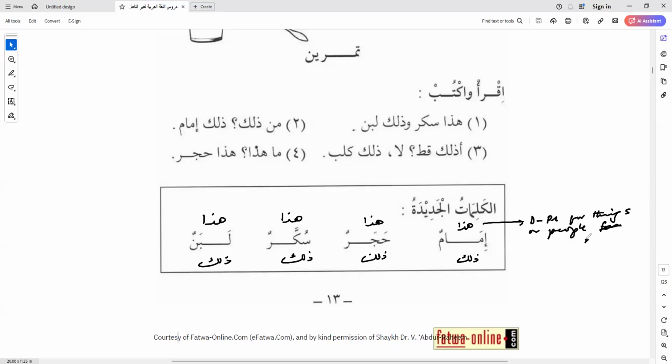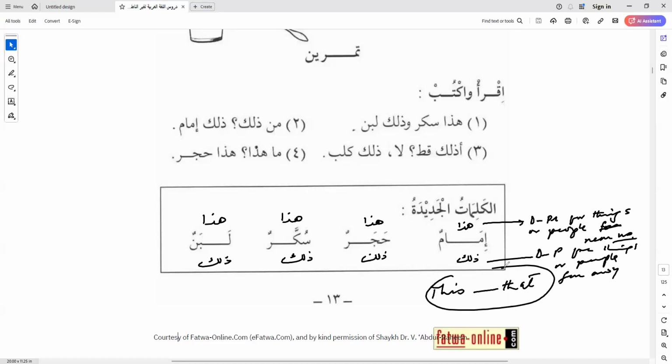Just as in English, this and that. But in Arabic, هذا, this, ذلك, that.